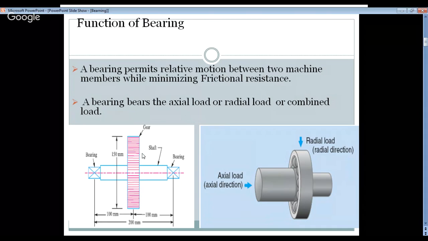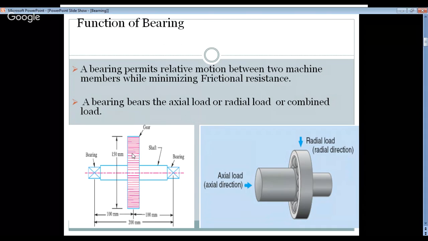If a radial force acts on the shaft, the bearing offers a reaction in a radial manner. Suppose the gear is a helical gear, then there is a tangential component as well as a radial component along with an axial component.